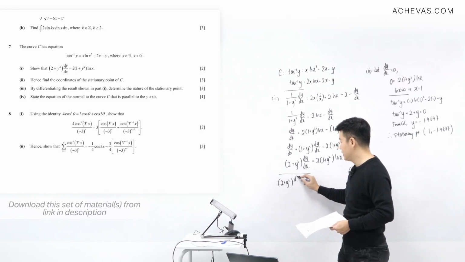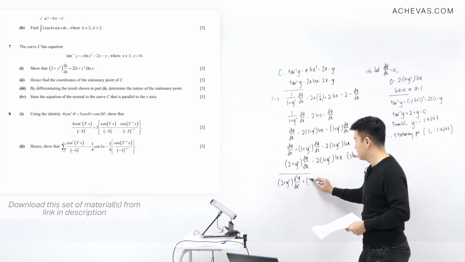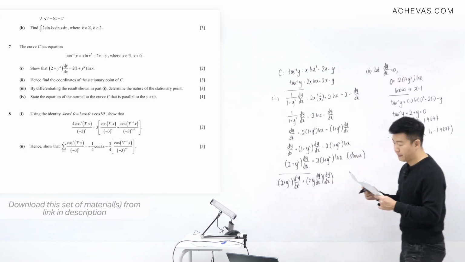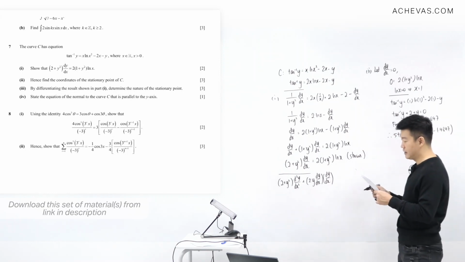So we have d²y/dx² plus 2y dy/dx multiplied by dy/dx again.